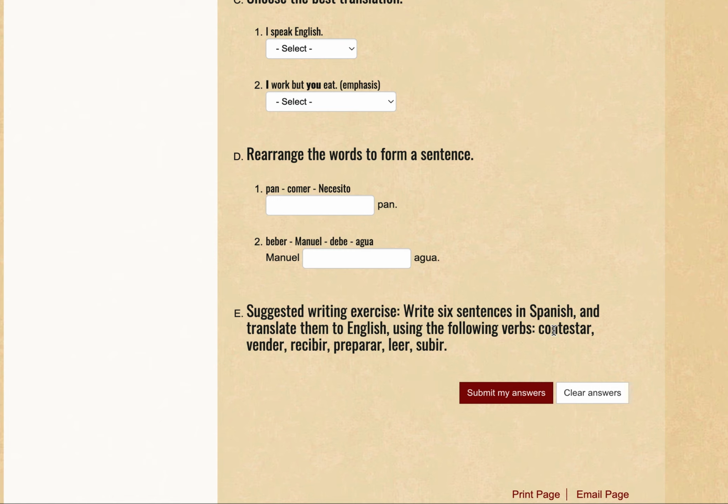So today, let's try to form sentences, and let's start with contestar. So contestar is, as you can see, an AR verb because the ending ends with AR. And we also know the meaning of contestar, which means to answer.